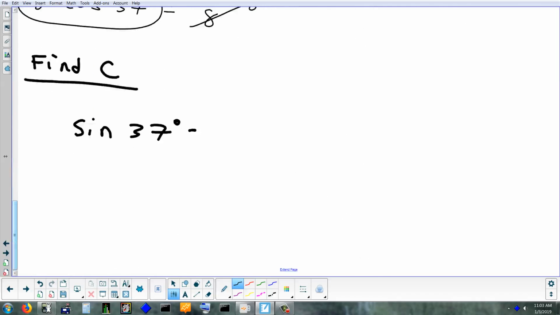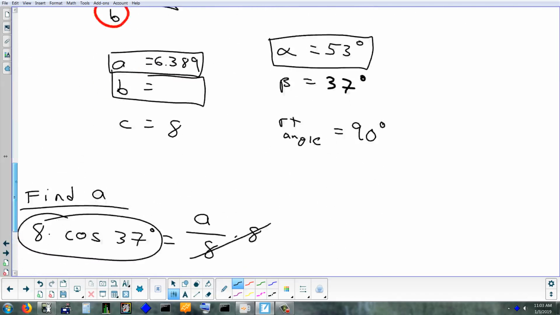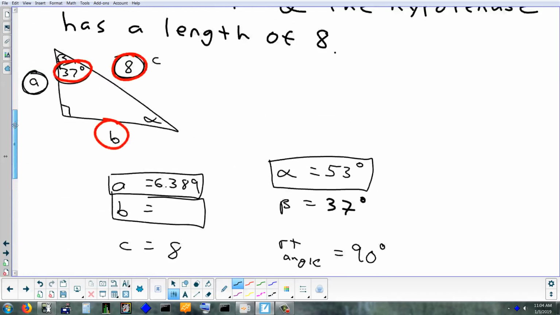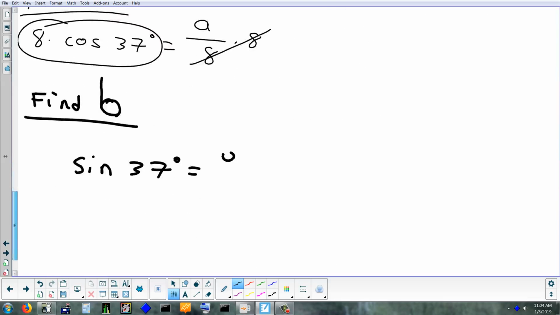Sine 37 equals B, and what's going to be the fraction on the other side? B over 8. So we've got B over 8, and it's pretty much the same pattern as last time. Just multiply by 8.